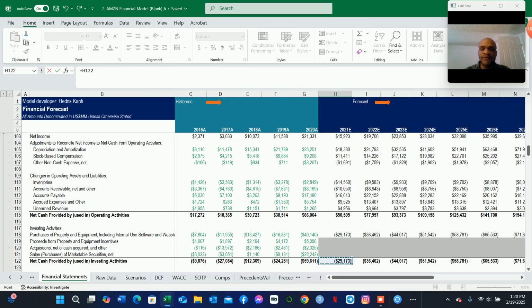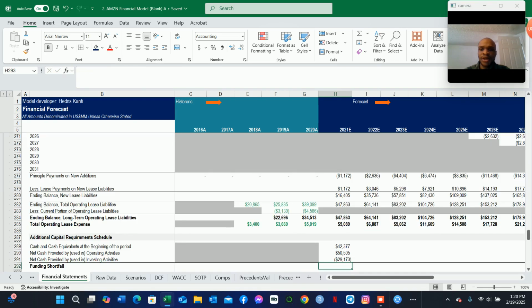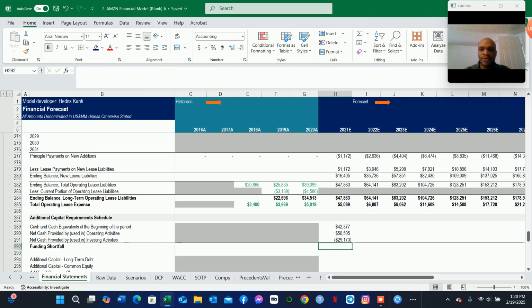So we will see how this will ultimately impact the funding shortfall. As we can see, this is the only cash that was used in long-term initiatives, that is for the purchase of property, plant, and equipment, internal use of software and website. Approximately in this period, we recorded $29 billion. So what we're going to do next is sum all of this just to demonstrate if there was any funding shortfall.